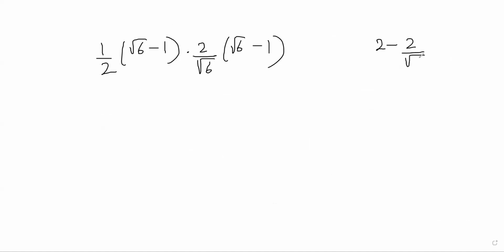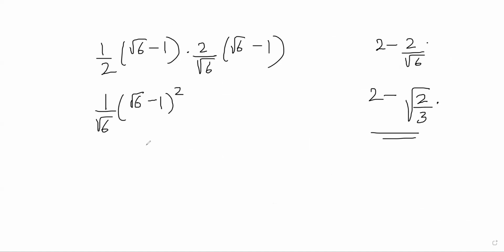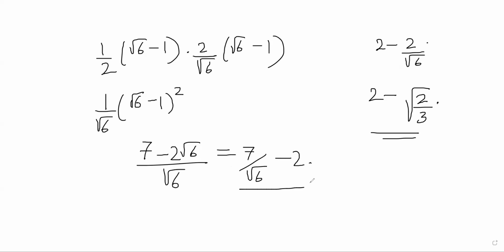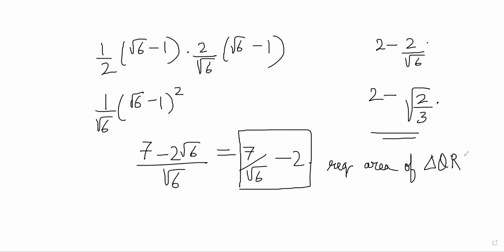It is becoming 1 by root 6, root 6 minus 1 whole square. So that is 6 plus 1, 7 minus 2 root 6 by root 6, right? So you're getting 7 by root 6 minus 2. This becomes the required area of triangle QRF.